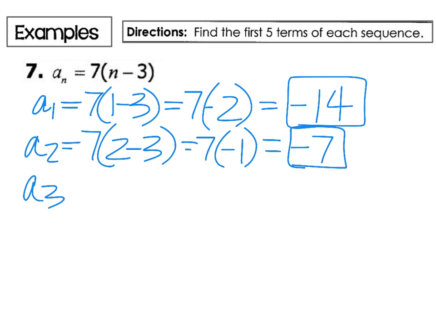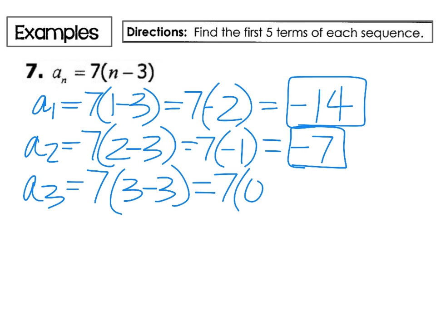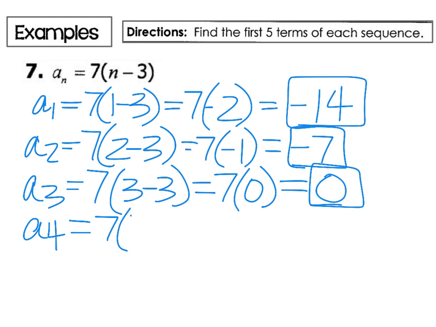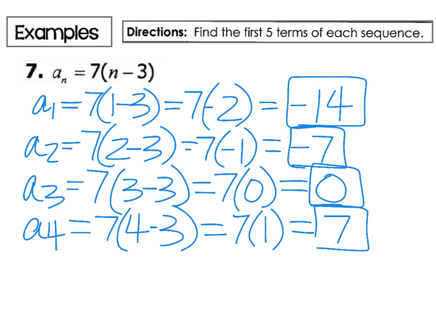A sub 3, or our third term. So now n equals 3. We're just plugging n in to get the nth term. 7 times 0, third term is 0. To get the fourth term, we plug 4 in for n. 7 times 1 gives us positive 7.